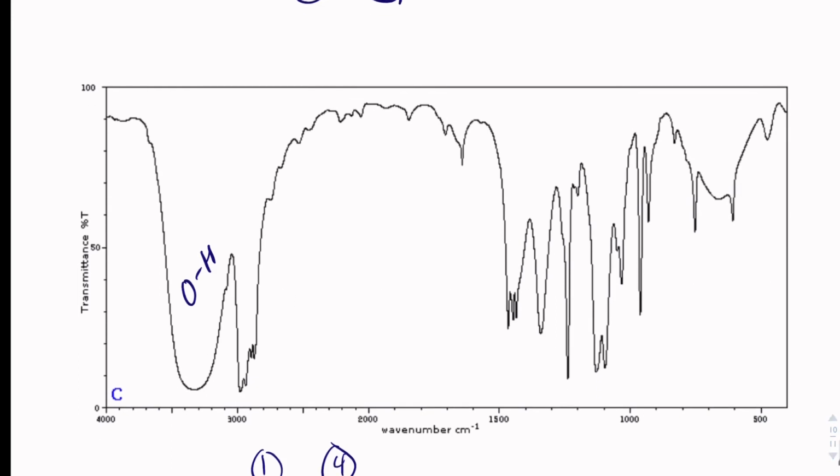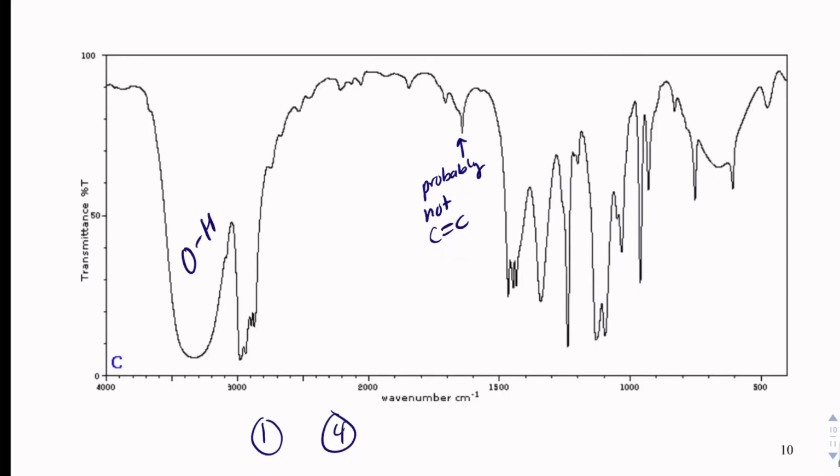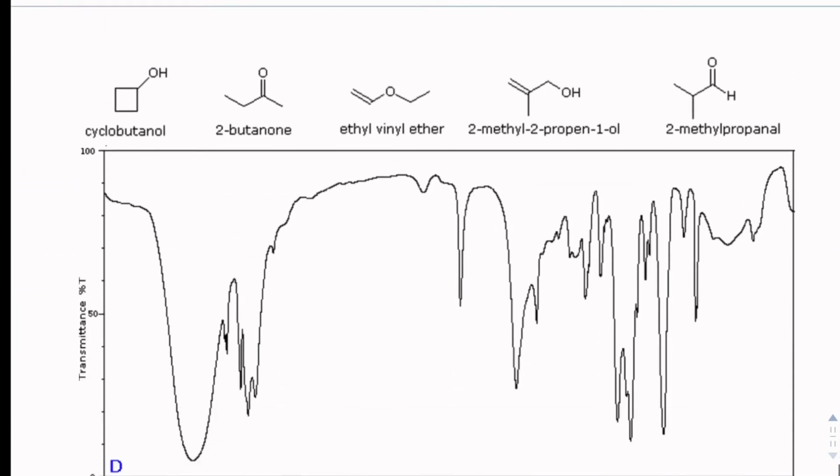So I want to say, okay, C=C occurs at 1600. I don't think this is C=C. Okay, C=C tends to be very distinctive, and that's kind of like noise. But we'll just narrow it down between 1 and 4 right now. We don't have to make a decision.